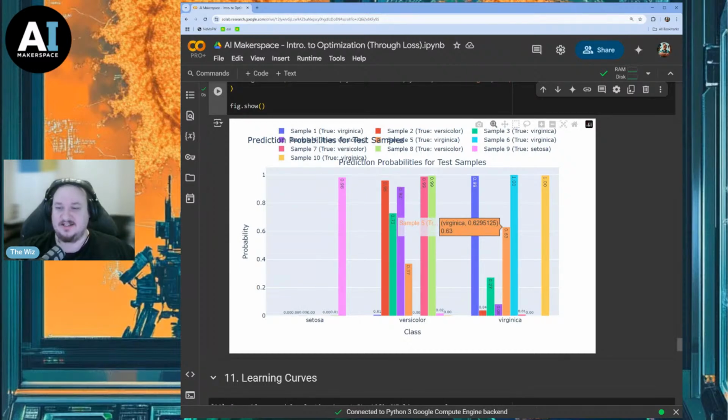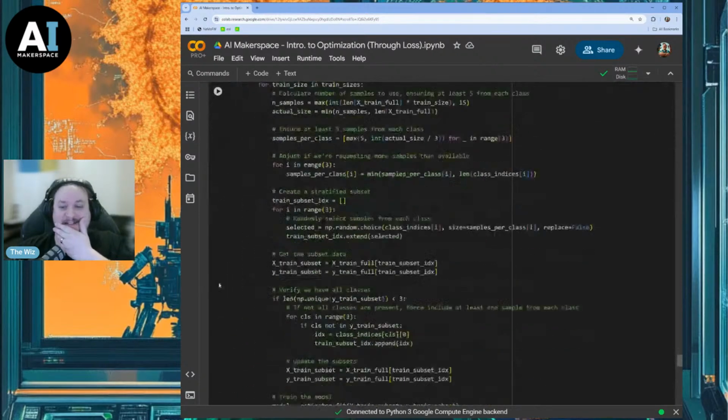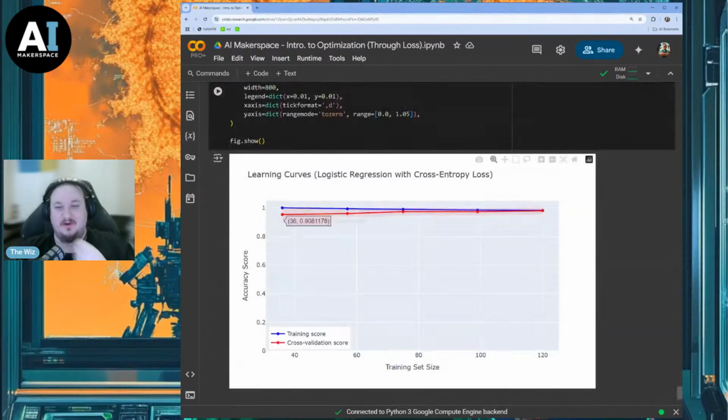So this sample, which is going to be sample 5, is not likely to be anything more than Virginica. And so the least surprising example is going to be if the flower is Virginica, and indeed we find that that's the true label. And then lastly, we can look at the training curve, though we'll look at this very briefly. If we train the model more, the model gets stronger.